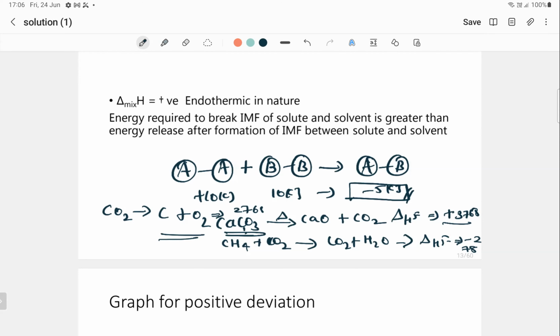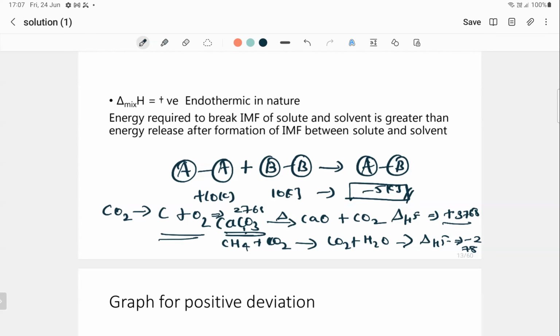Delta product minus delta reactant is your net change, which will be negative because of this bond formation. But you have to compare. Here the energy released is less, but here the energy absorbed is more, because between solute and solvent more intermolecular force of attraction is there. Clear?